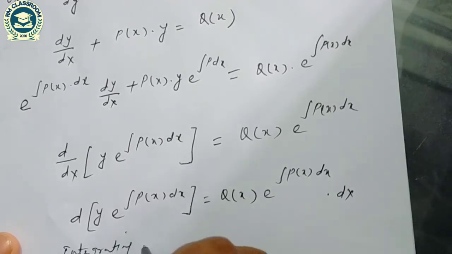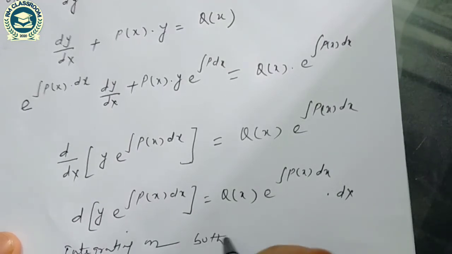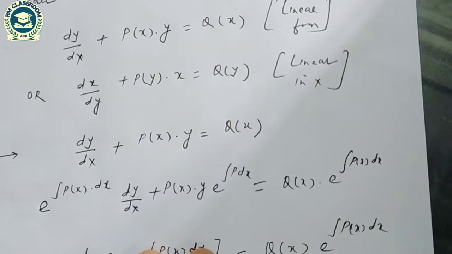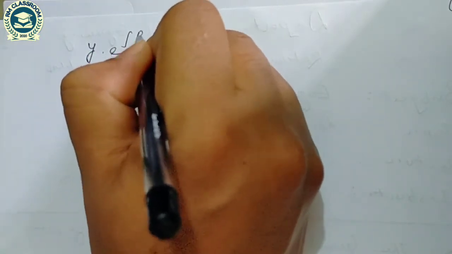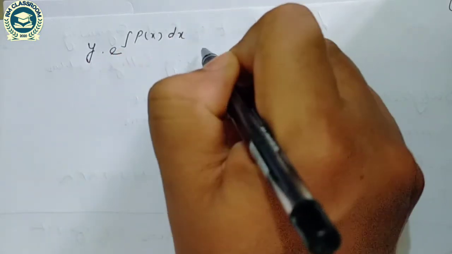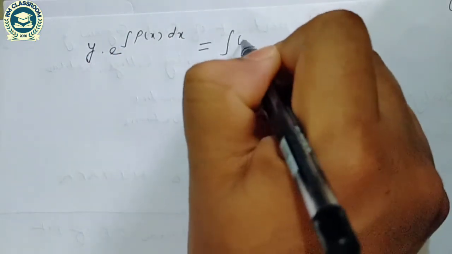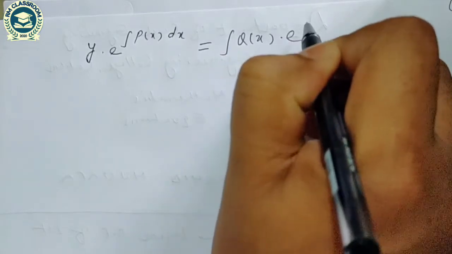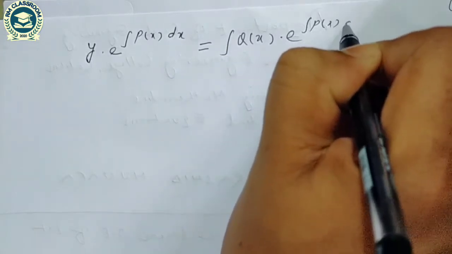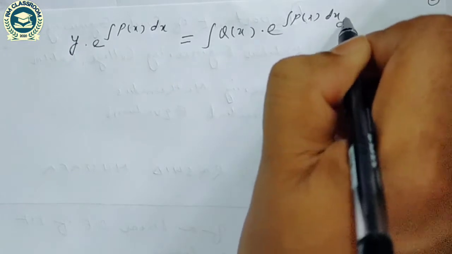Integrating on both sides, we get y e to the power integral P(x) dx is equal to the integral of Q(x) e to the power integral P(x) dx into dx plus c.